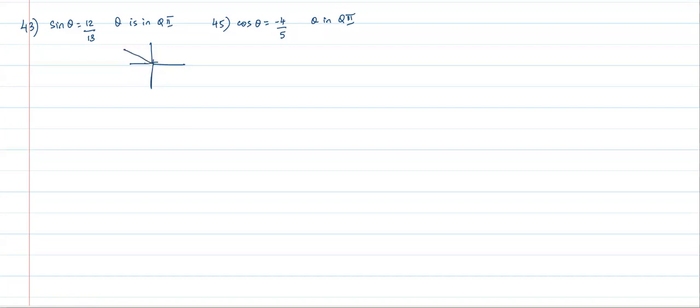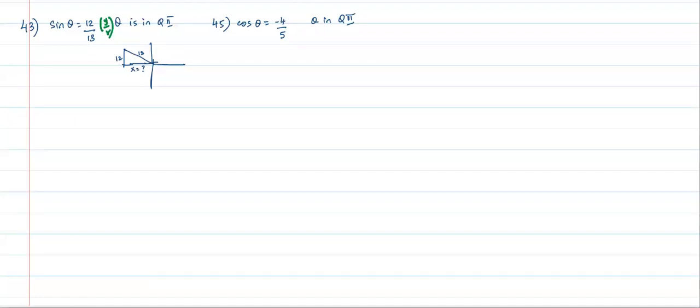So the y value is given to be 12 and this value is 13. So what is missing here is the x value, okay? Because what is given to you is y over r. Y over r is given to you, but x is not, right? Okay, but remember this is in quadrant 2.